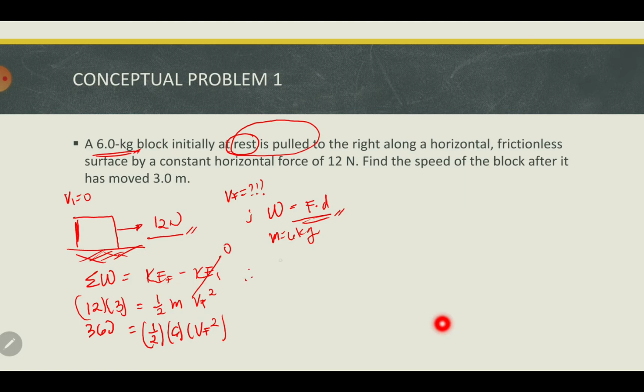So we will have a value of vf as the square root of 36 multiplied by 2 divided by 6. So we will have a value of 3.46 meters per second.